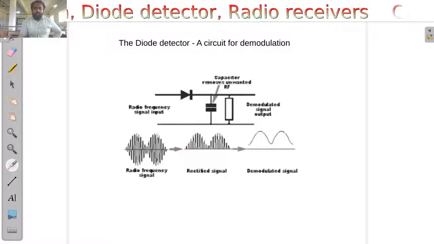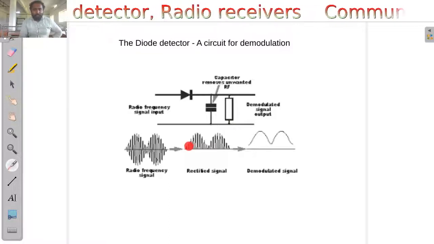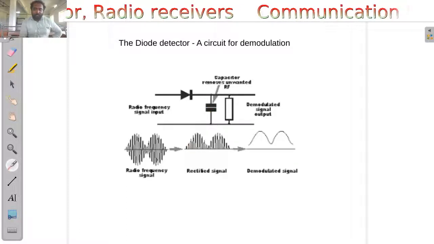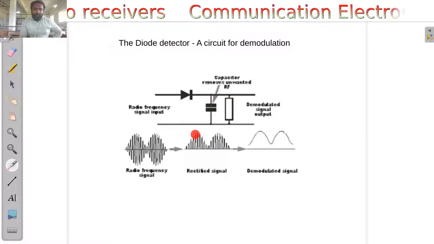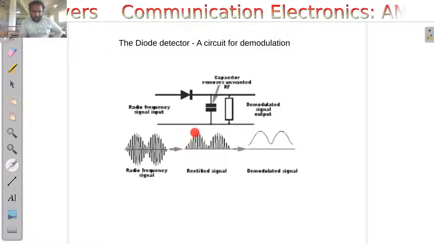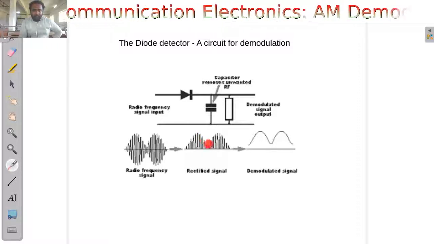Then as soon as it starts discharging through the resistance, the next peak comes in. So the capacitor gets charged to the next peak and it starts discharging. Then the third peak will come in, fourth peak, fifth peak, and the capacitor's voltage will be increasing like this. And when it decreases, it will be following like this.